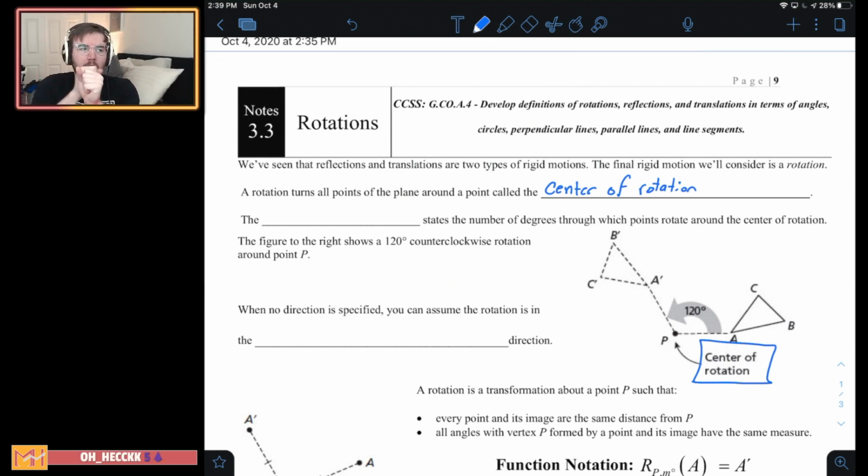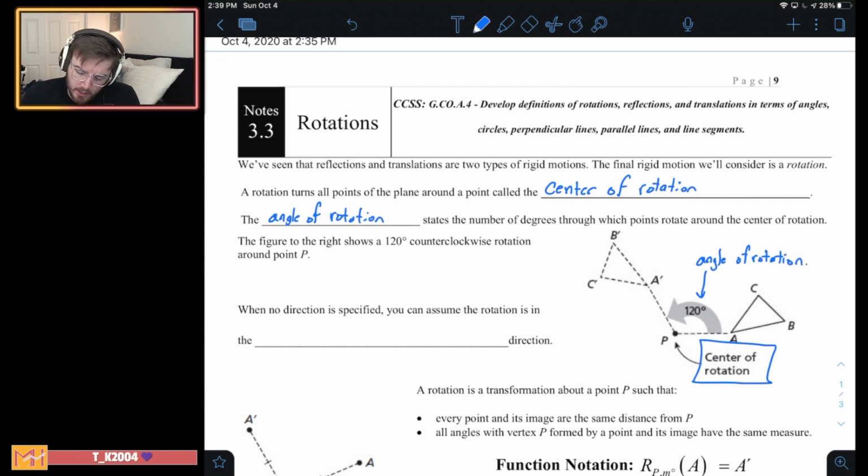We're rotating about this point. That's the center of rotation. And the angle of rotation states the number of degrees through which the point rotates around the center. So this right here is the angle of rotation.